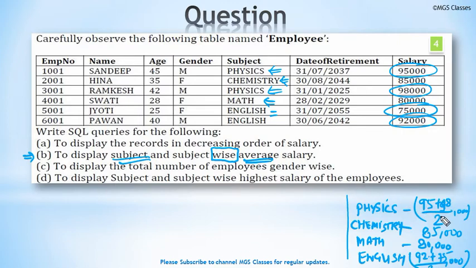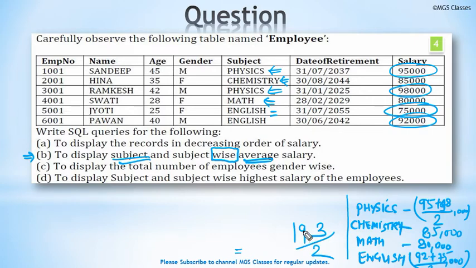Now you calculate the average. I am not going to calculate it in detail here. If you add 95 plus 98, you will get 193, then divide by 2.